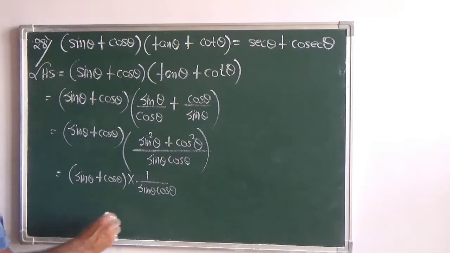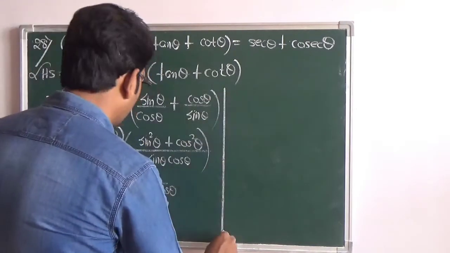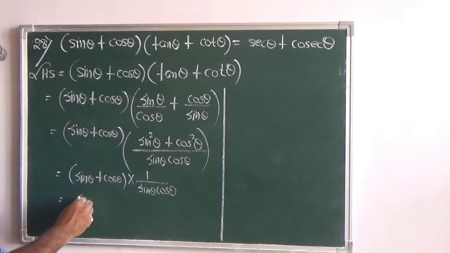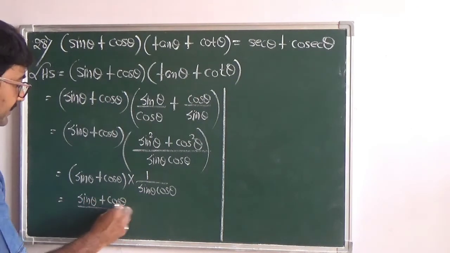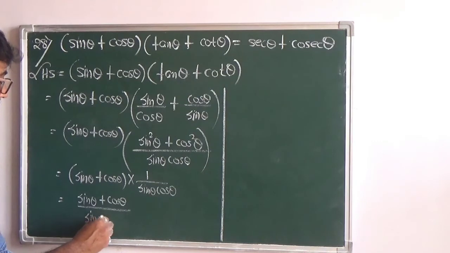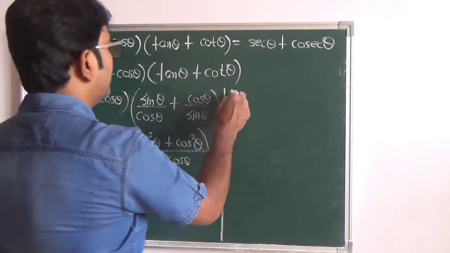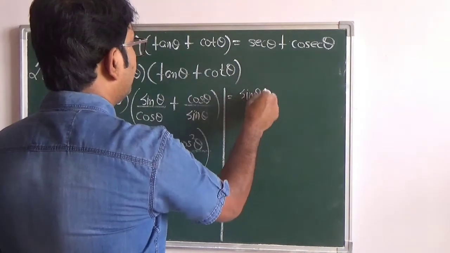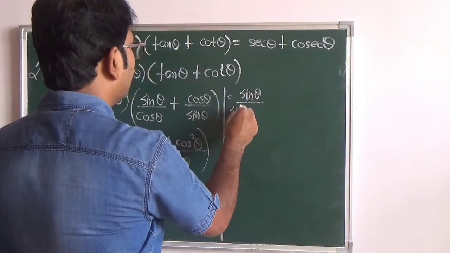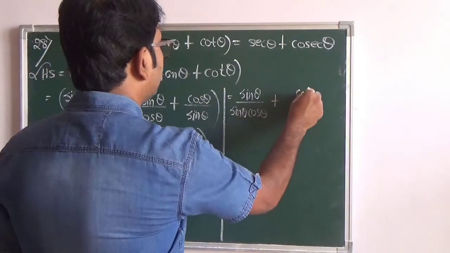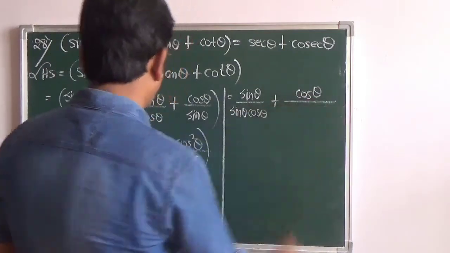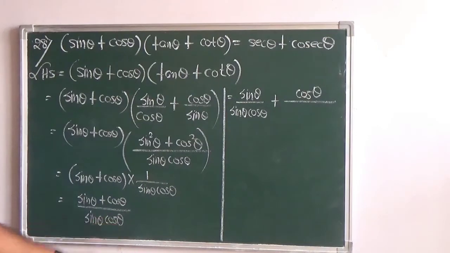So there we have sin theta plus cos theta divided by sin theta into cos theta. Now we separate these two. You can write it as sin theta by sin theta into cos theta plus cos theta divided by sin theta cos theta.